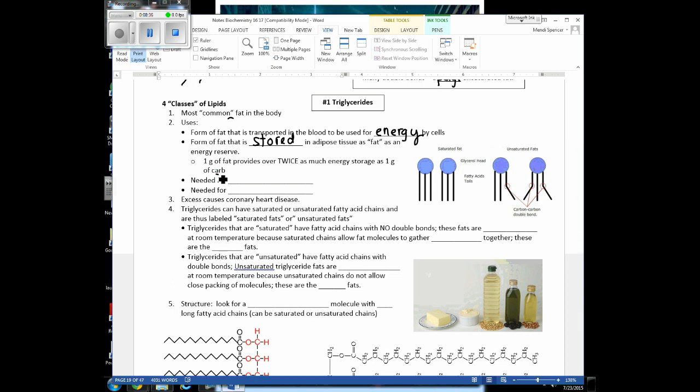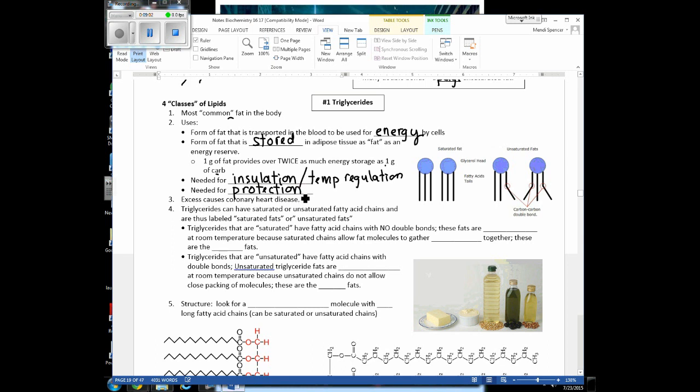But it also provides a few other uses. First of all, it provides insulation, and that helps in temperature regulation. A layer of fat keeps you warmer, and some organisms that live in really cold environments have extra layers of fat to help them regulate their body temperatures. And it's also providing protection.